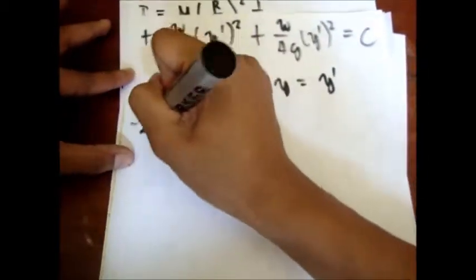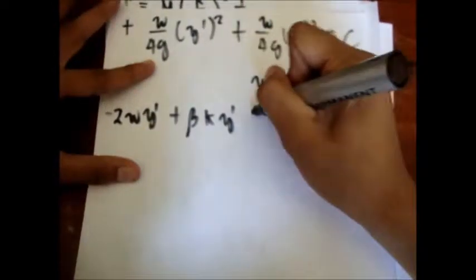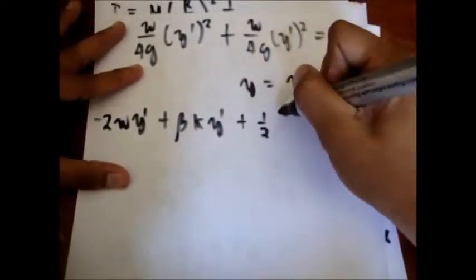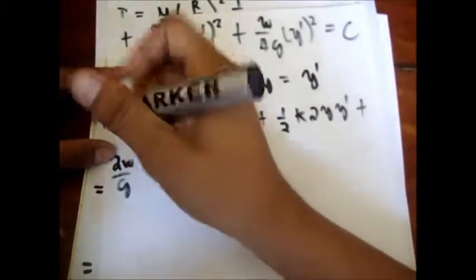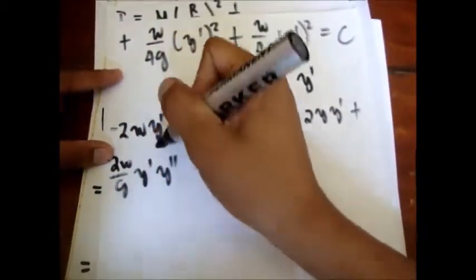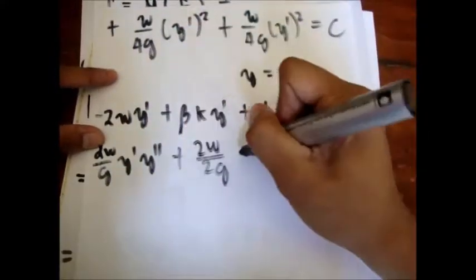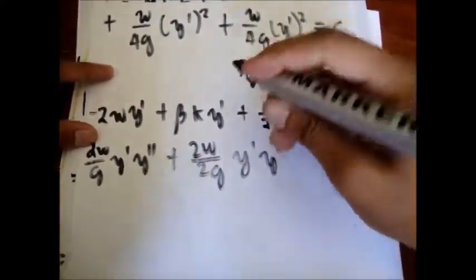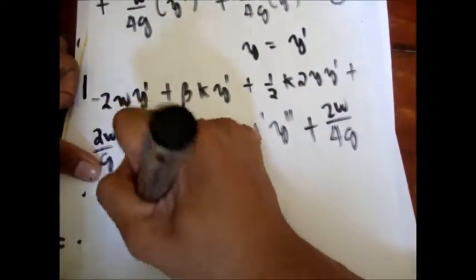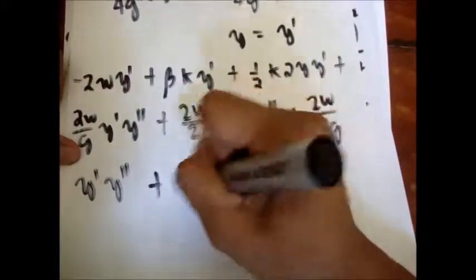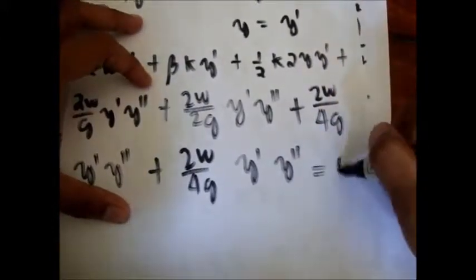So we have negative 2w y prime plus beta k y prime plus 1 half k 2y y prime plus 2w over g y prime y double prime plus 2w over 2g y prime y double prime plus 2w over 4g y prime y double prime plus 2w over 4g y prime y double prime equals 0.